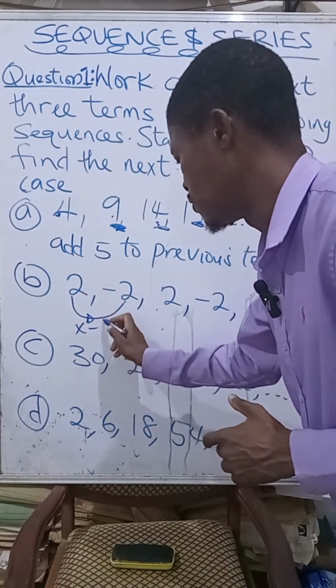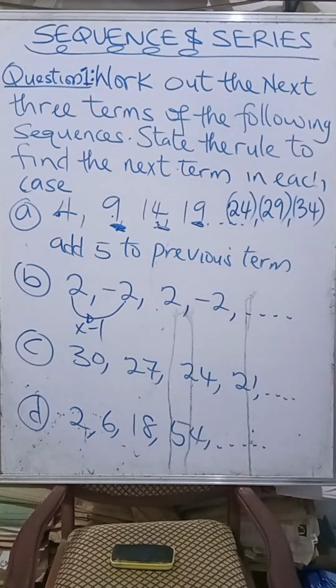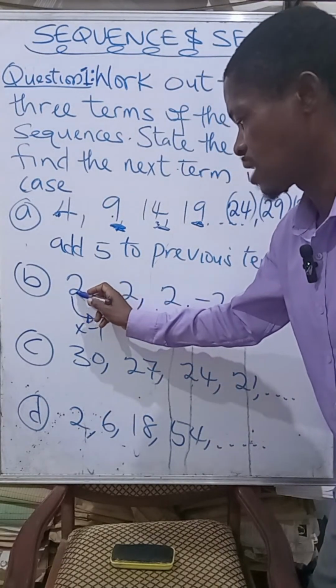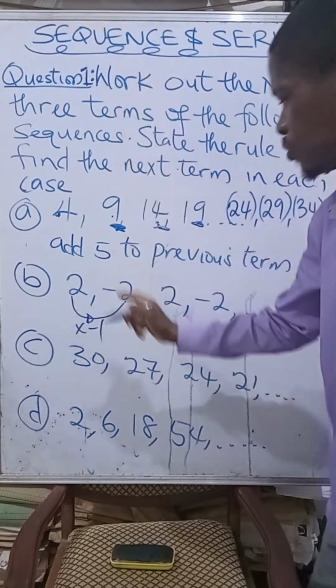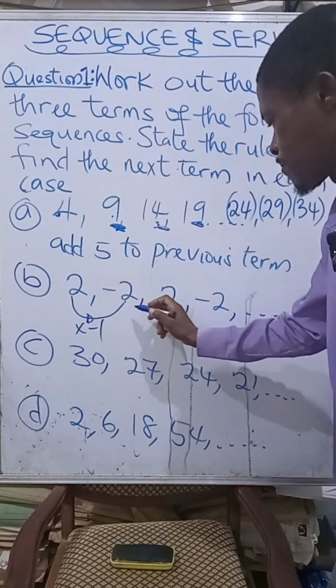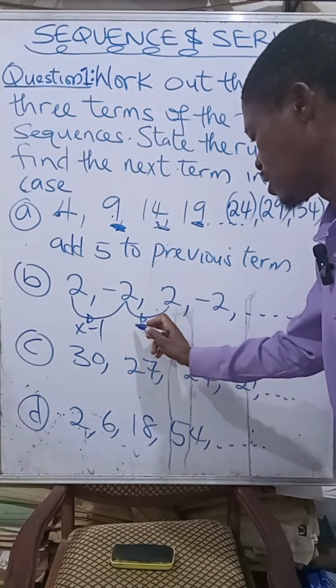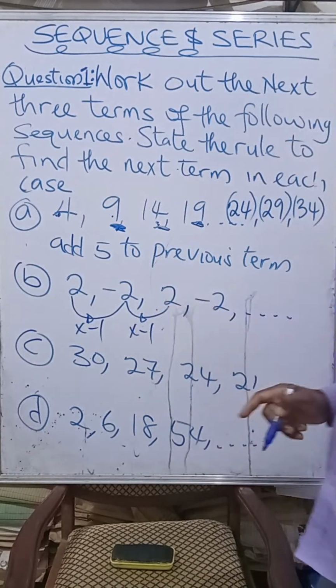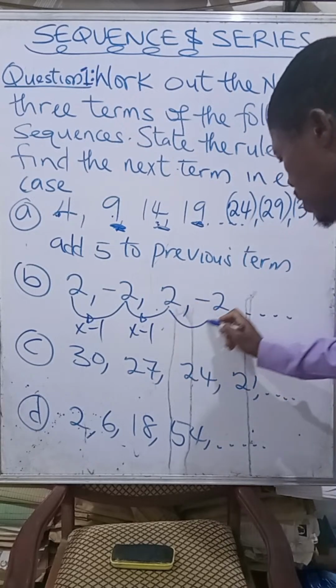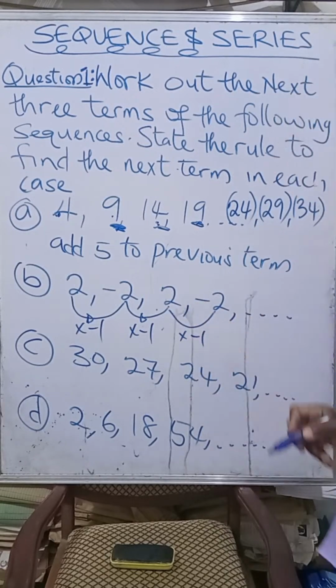Times minus 1. The previous term times minus 1 will give you the next term. Again, times minus 1, you get the next one. Again, times minus 1, you get the next value.